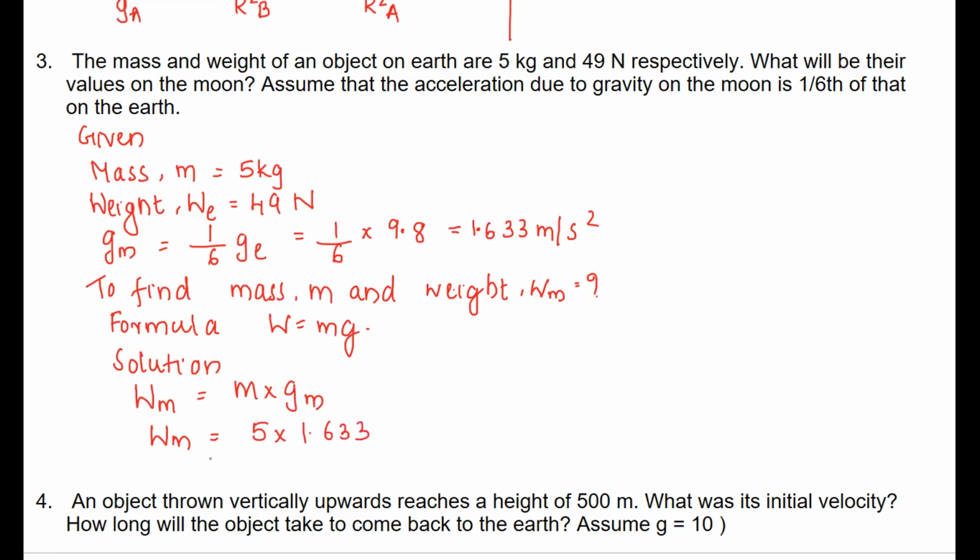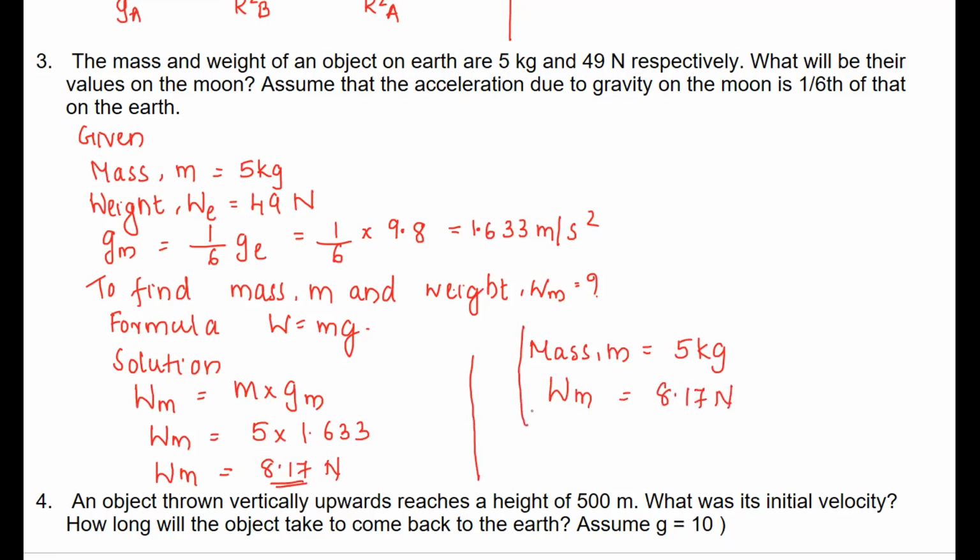On multiplying, 5 into 1.633 is 8.17 Newton. Therefore, we can write mass is equal to 5 kg. Mass on moon is 5 kg and weight on moon is 8.17 Newton. This is the final answer.